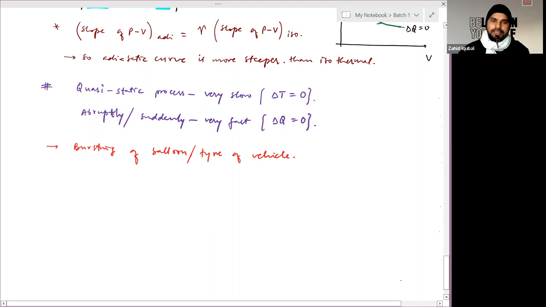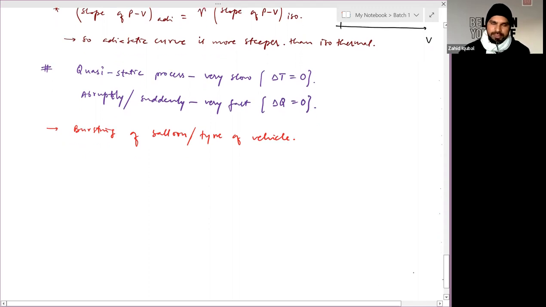It means there will be no supply or rejection of heat from the system. So you will be asked, will the air ejecting from that bursting part be colder or hotter as compared to the normal surrounding air?